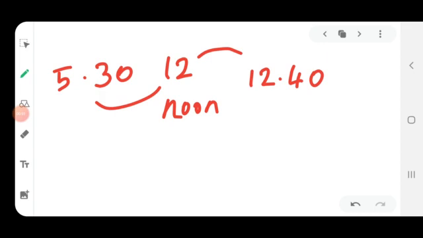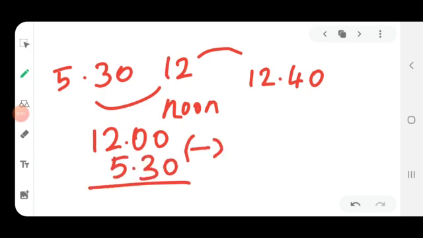Now from 5:30 up to 12 noon, the duration will be 12 minus 5:30. We have to subtract here, hours and minutes. Minutes is less, so we have to borrow from the hour.